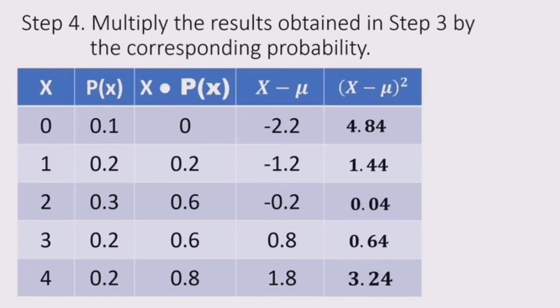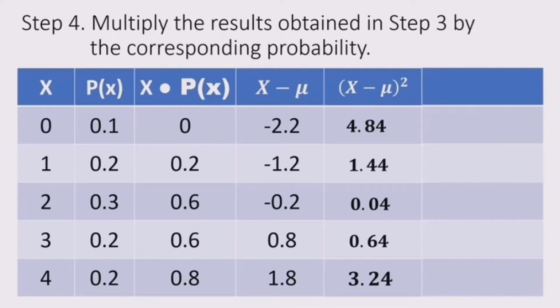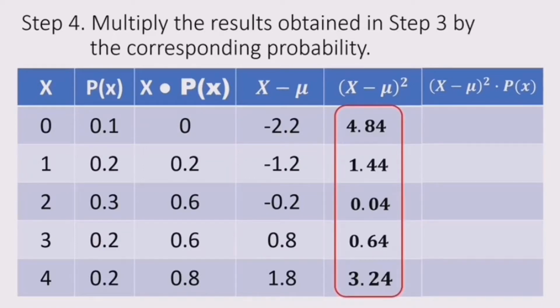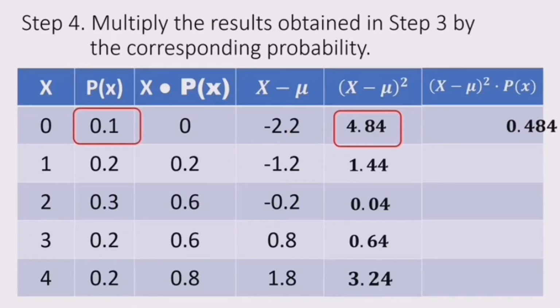Then let's have step number 4. Multiply the results obtained in step 3 by the corresponding probability. So, mag-add na ta ug another column. So, giingon sa step number 4 nga ang atong result nga nakuha diha sa step 3 atong i-multiply ngadto sa corresponding probability. So 4.84 times 0.1 equals 0.484.